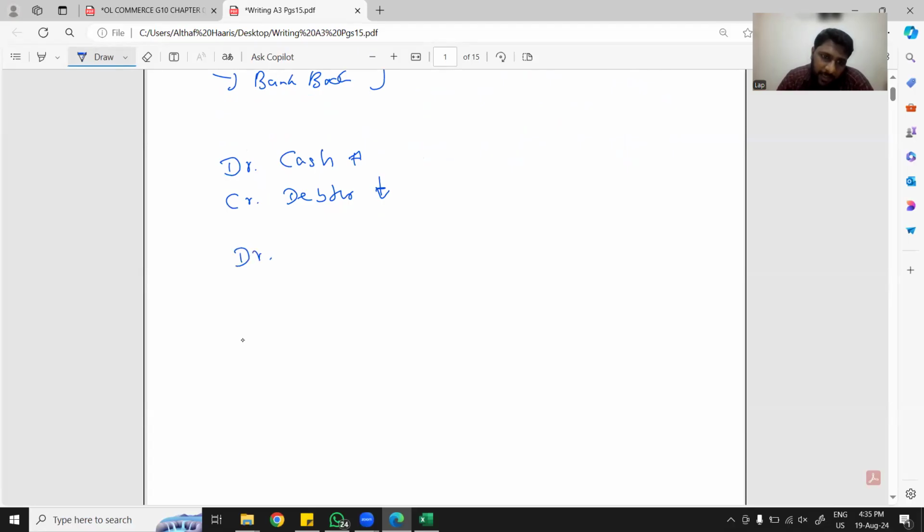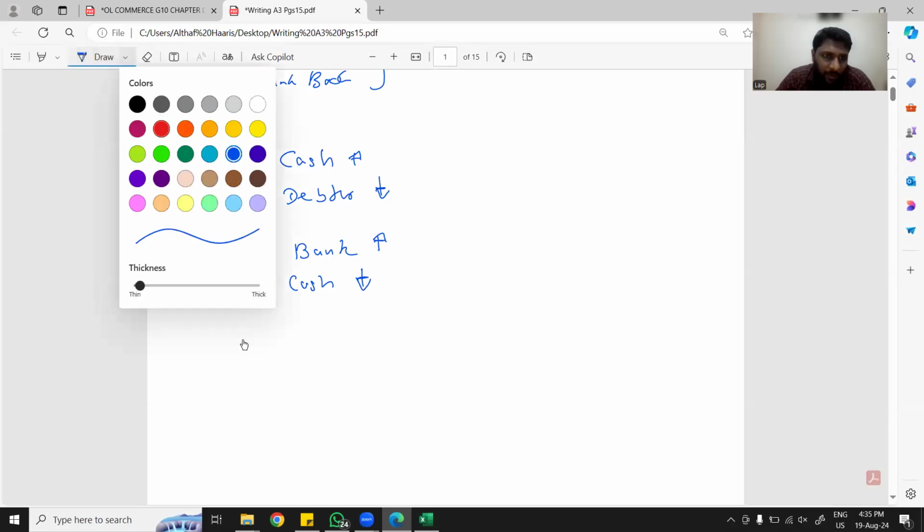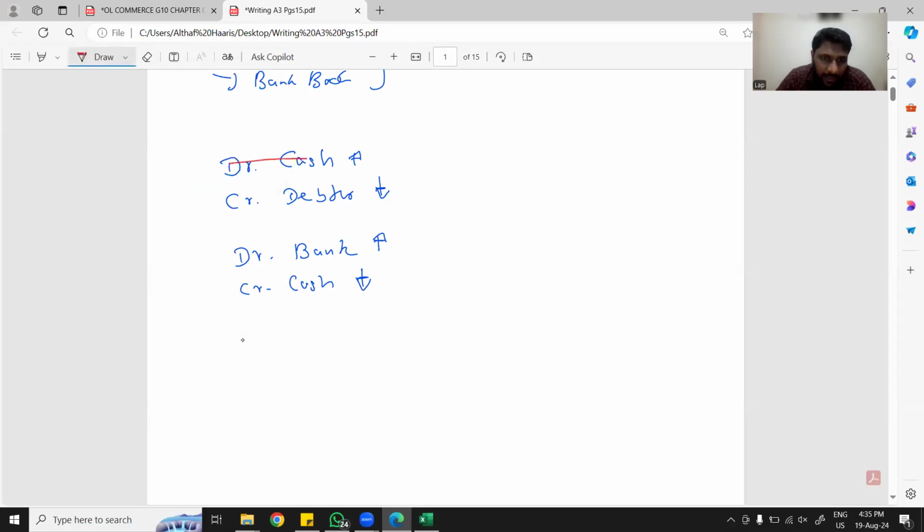So we debited the bank account, we increased it, and we credited the cash account. We decreased it. So if you take the cash account, this increase and this decrease get cancelled off. Then the remaining entry is this. So this entry only you have to reverse.